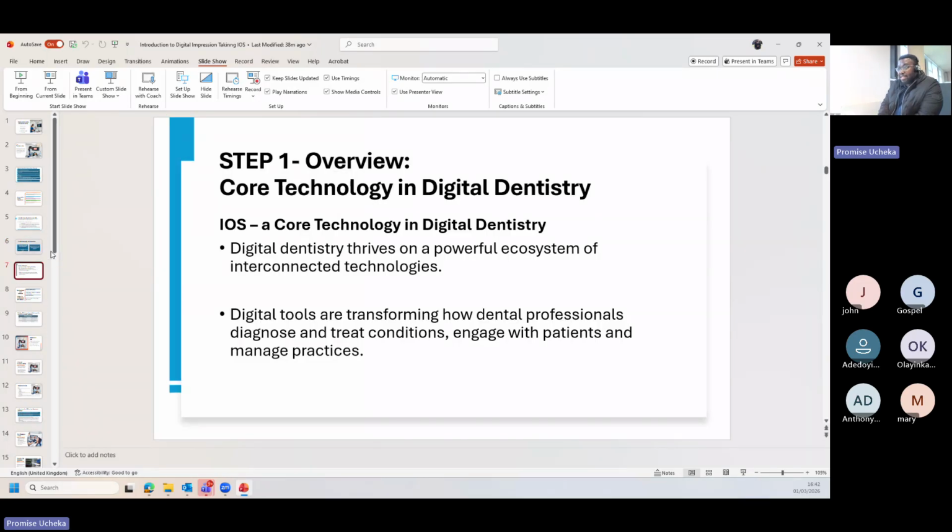So let's look at a little bit of an overview around digital technologies that we use now in dentistry. Intraoral scanners are part of the core technologies that we use today in dentistry.